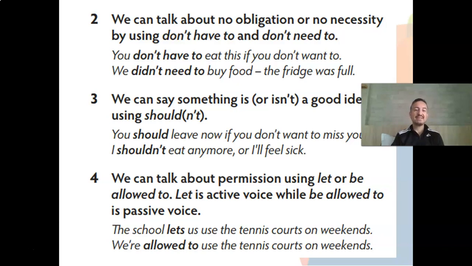Or we are allowed to use the tennis courts on weekends. Both indicate permission, but the first one is in the active voice, the school lets, and the next one, allowed, is in the passive voice. Okay? Is that clear? Let's go back to the activities in the book now.